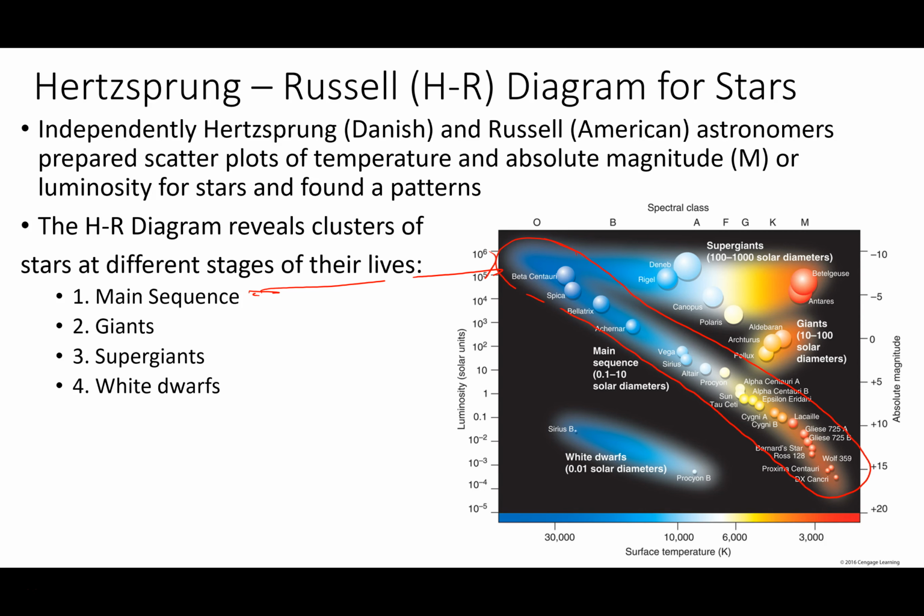The way this works, I'm going to put most massive up here and least massive down here. Remember those red stars I said have been around ever since the beginning of our universe? There they are. So we have the most massive stars up here, and the least massive here.